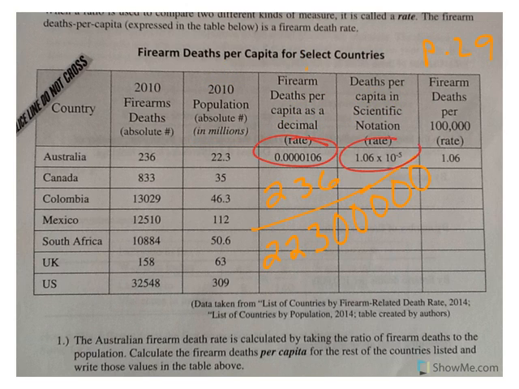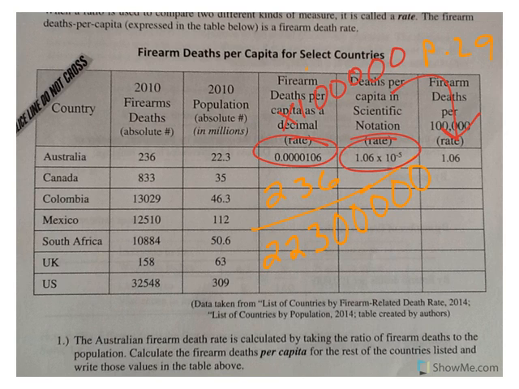It's hard to understand what it means to have such a small number. So if you multiply this number by 100,000, that's how you get this number. That gives you a better sense. So in Australia, out of 100,000 people, 1.06 of them can expect to die by firearm death.